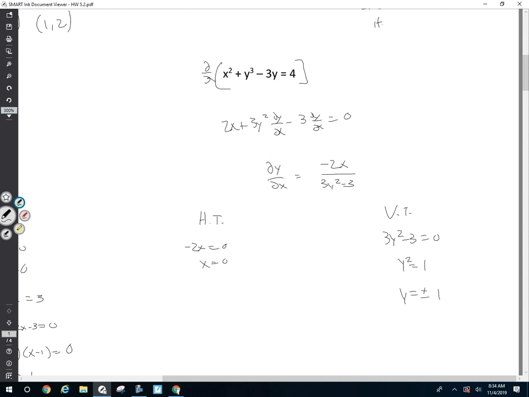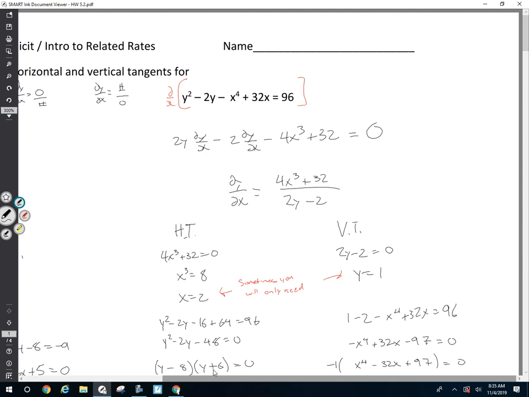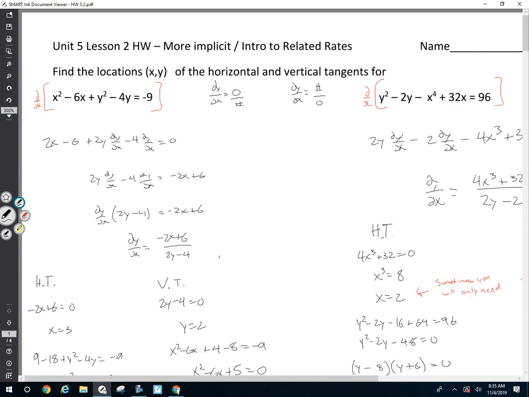Okay, so if x is 0, we get y cubed minus 3y equals 4. You guys can't solve this, I can't solve this, so let's just stop there. Let's see if I can find the x coordinates.